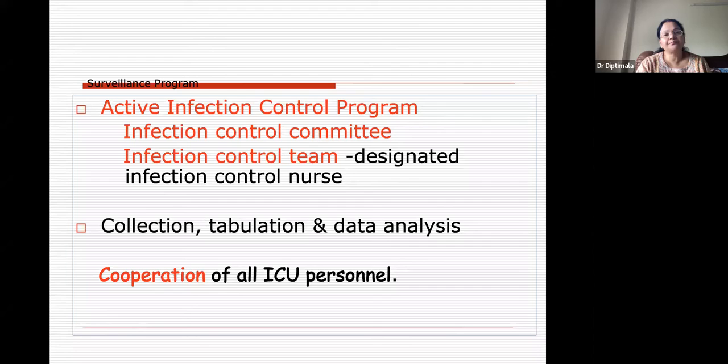I move on. Active infection control program, infection control committee, infection control team, and there's a designated infection control nurse. So for all the collection, tabulation, and data analysis, cooperation of all ICU personnel is needed.